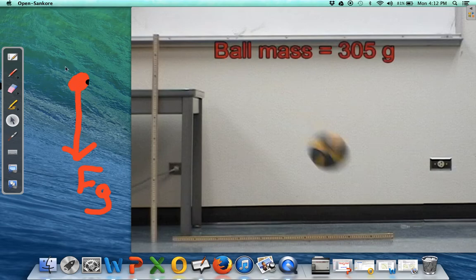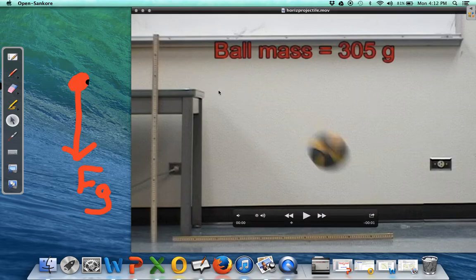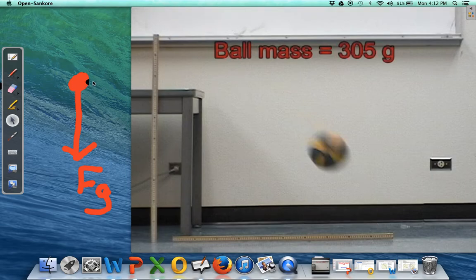If you look, there's no force left or right. Some people included the force of friction due to air resistance. It's so small in this low velocity, low time example that I wouldn't even include it on the diagram. So since we have no force to the left or right to push or pull it, the horizontal motion was not affected at all. Horizontally, the motion of the ball remained constant.